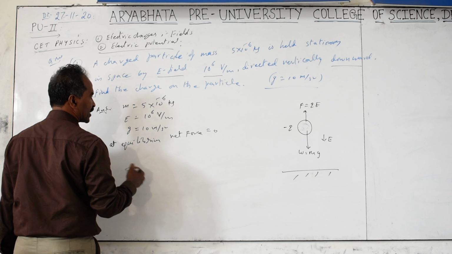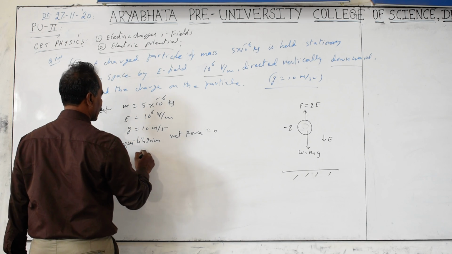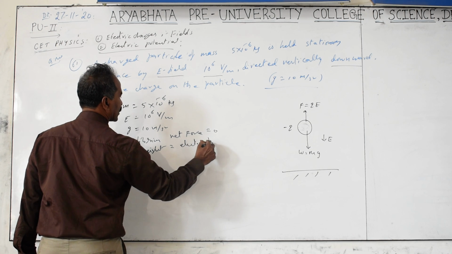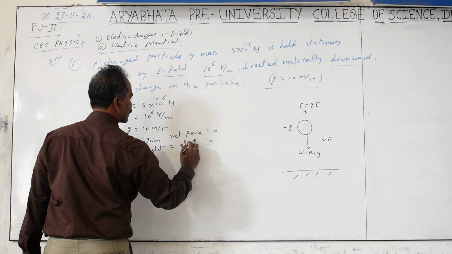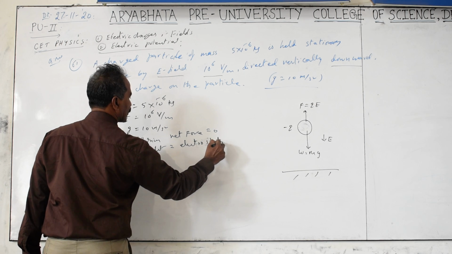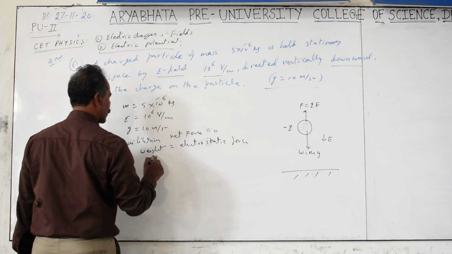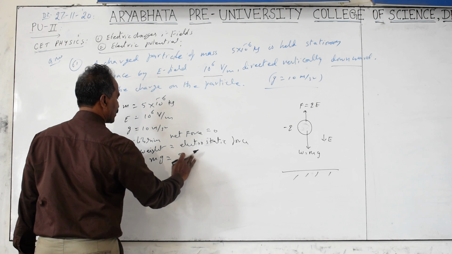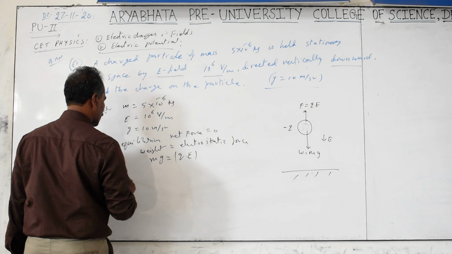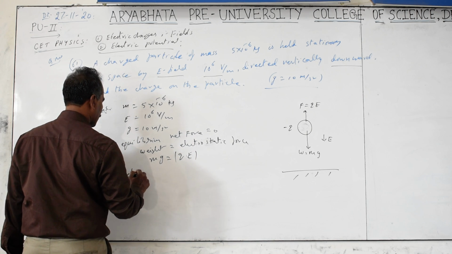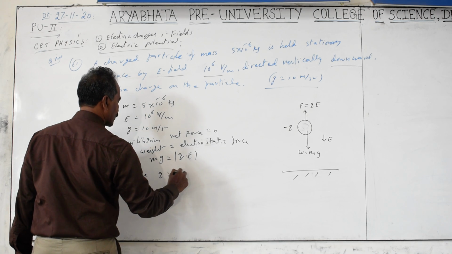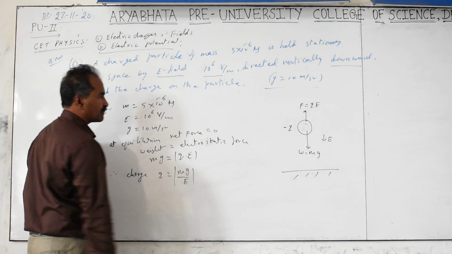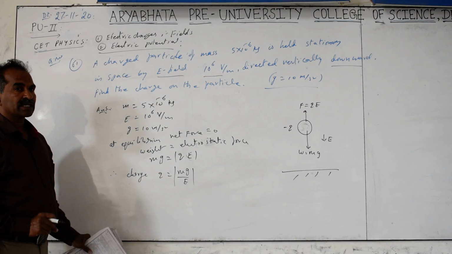That means electrostatic force equals weight. Weight mg equals QE. I am taking only the magnitude. Therefore, charge Q equals mg by E. You are not asked for the sign convention. If they ask, you can identify it as a negative charge.